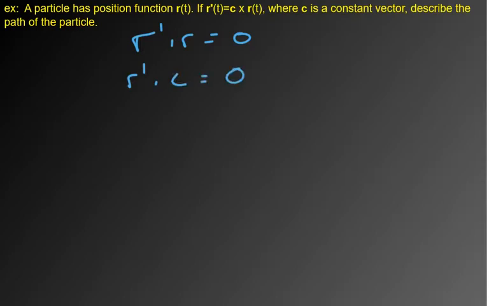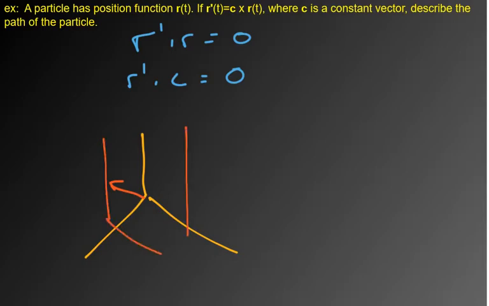that these two things have to happen because of the cross product here. And I know that if a derivative vector is perpendicular to a constant vector, then there's some constant vector, and there's a plane that defines that constant vector, and the derivative vector is always perpendicular to it.